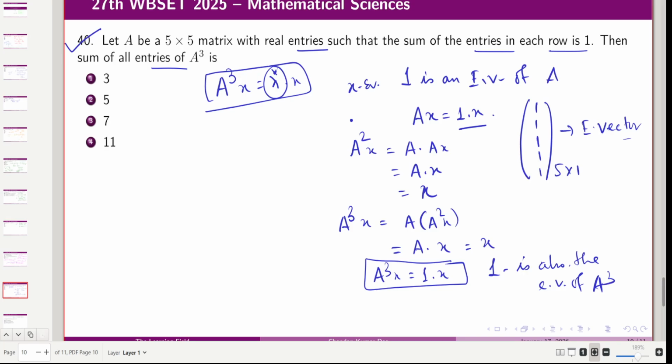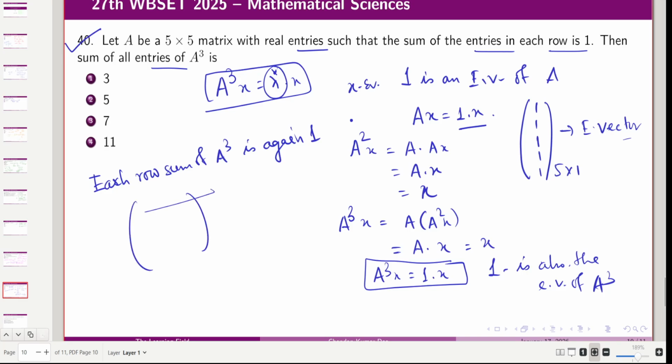It means each row sum of A cube is again 1. And A is a 5 by 5 matrix.